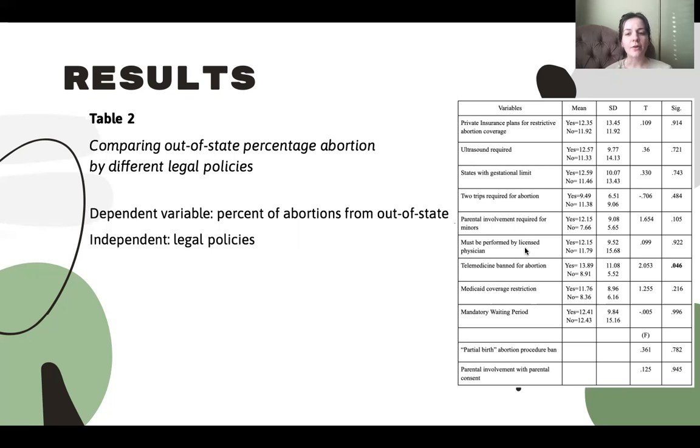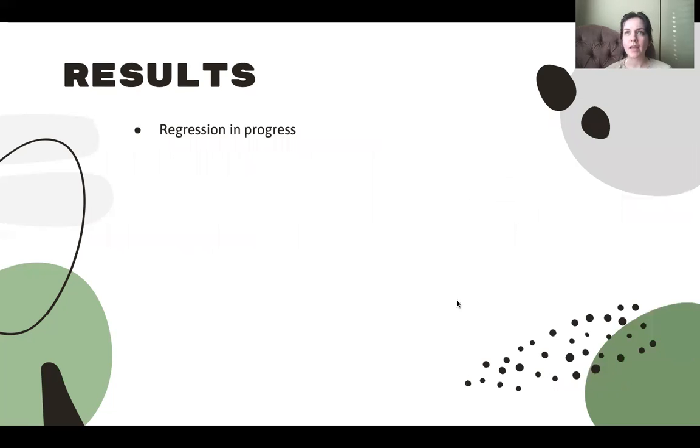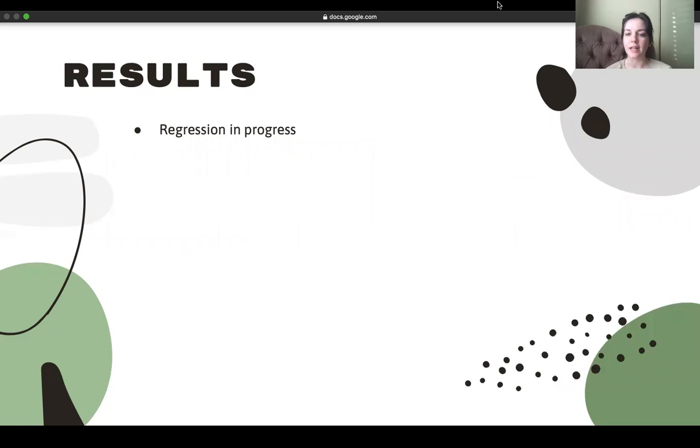I'm also in the process of doing a regression analysis. Since the number of states I'm using is only 48, because California and Maryland don't show their abortion data, the regression can be a little off.